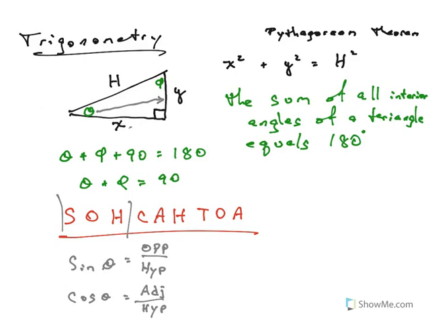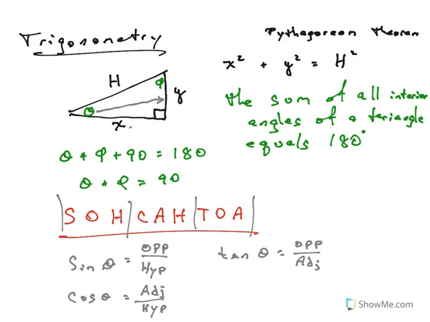And then finally, the last part, the toa part, says the tangent of the angle theta is the opposite side over the adjacent side. And those are the 3 big relationships between the sides of triangles and the angles themselves.